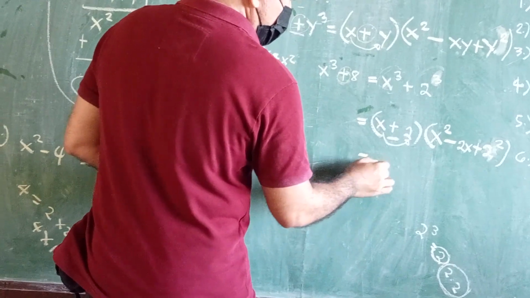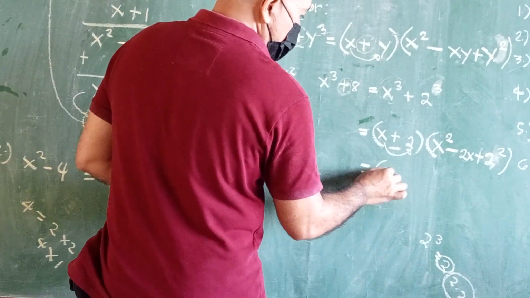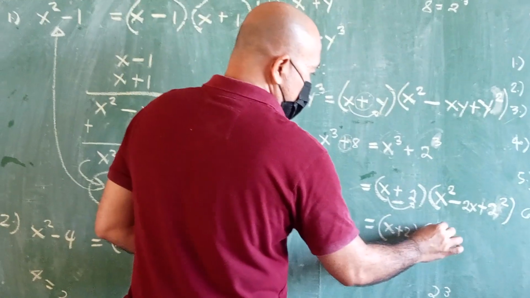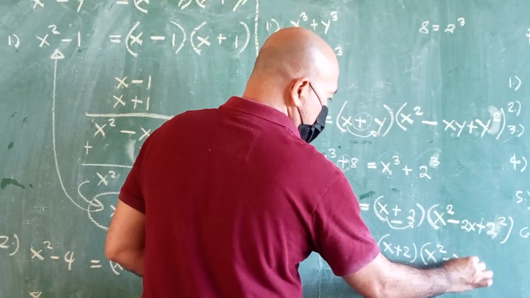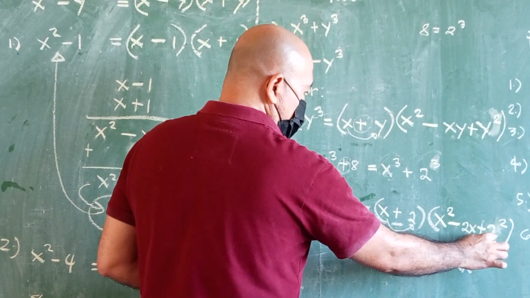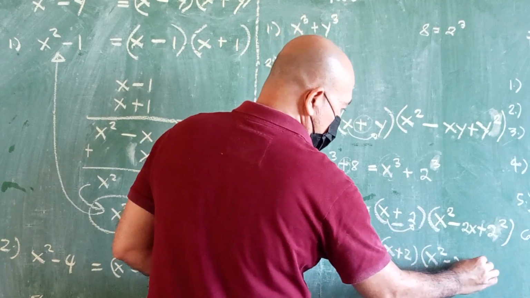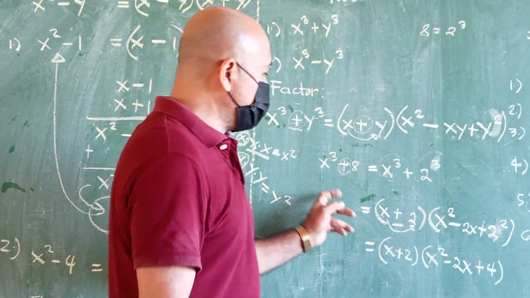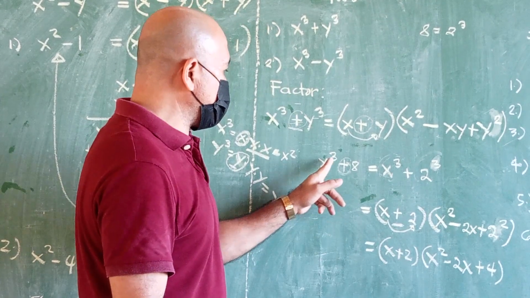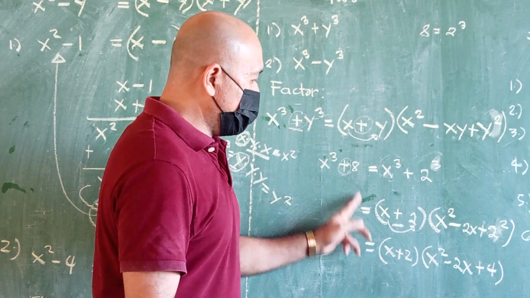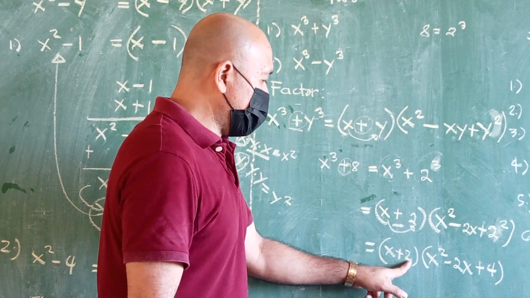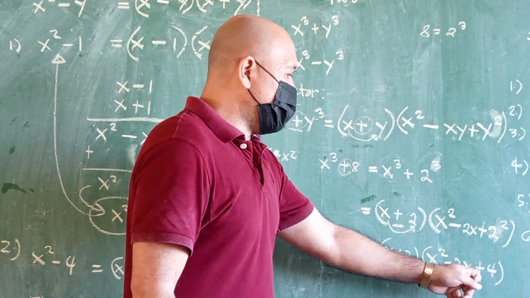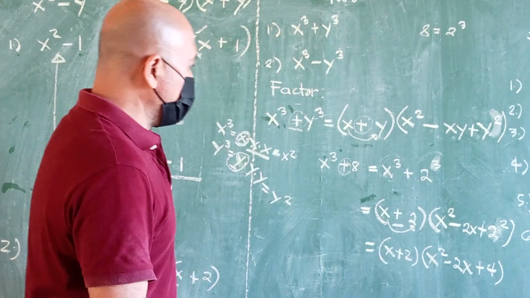So your final factors will be x plus 2, and the second is x squared minus 2x plus, and since this is a number, you simplify that into 4. So you now have the complete factors of x cubed plus 8: x plus 2 times x squared minus 2x plus 4.